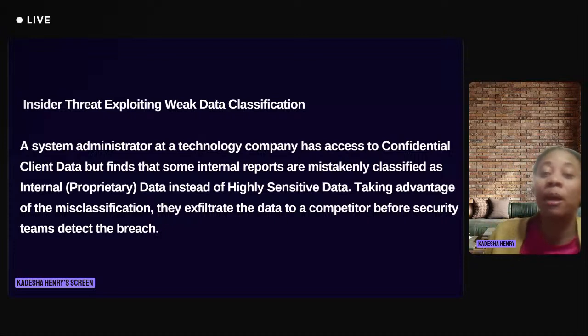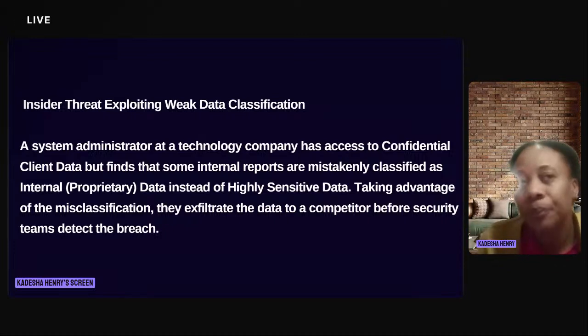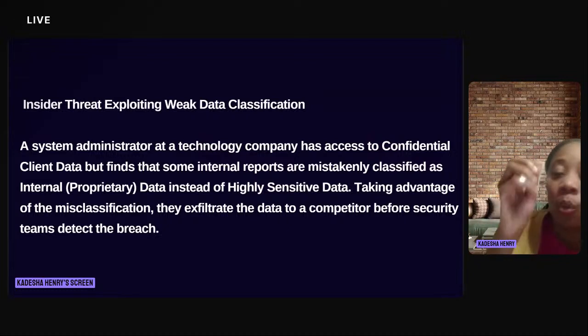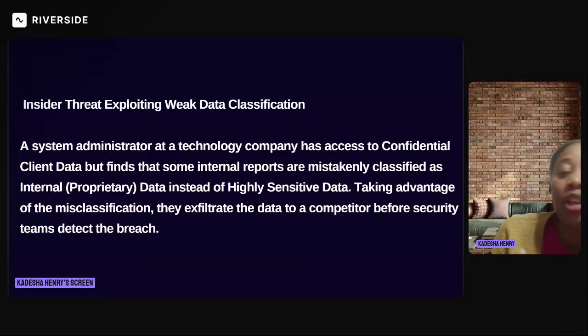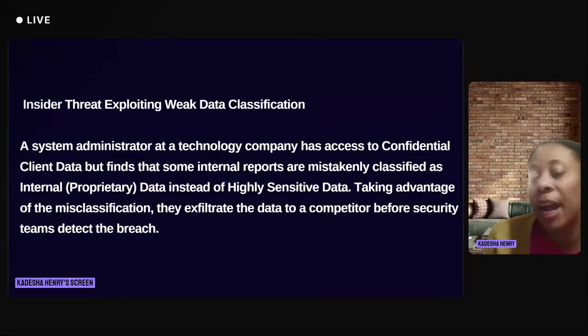So can you imagine Apple and another company are competitors, and you have somebody working in the organization, and that person, instead of classifying this information as highly sensitive, just classifies it as internal information, which many persons within the organization have access to. Can you imagine?